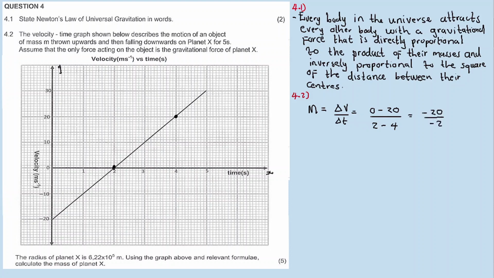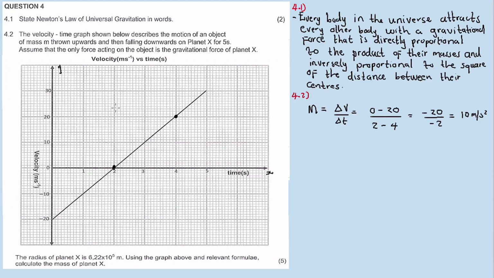So minus 20 over negative 2. The answer is equal to 10 meters per second squared. This is the acceleration here. So on planet X, it's an acceleration of 10 meters per second squared.